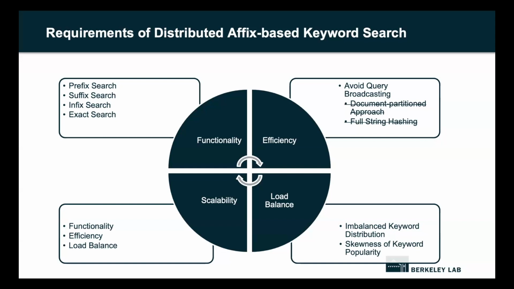For load balance, we need to address the imbalanced keyword distribution and also the skewness of keyword popularity, because some of the keys might be more popularly searched than other attributes. And for scalability, we need to make sure that at any scale, we can still satisfy the functionality, efficiency, and load balance requirements.